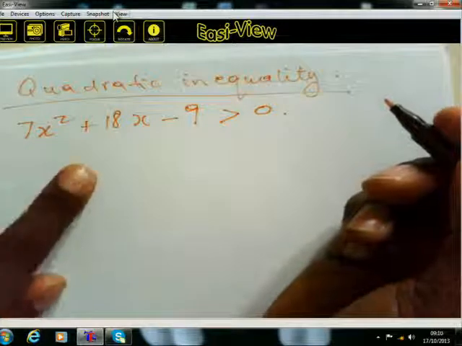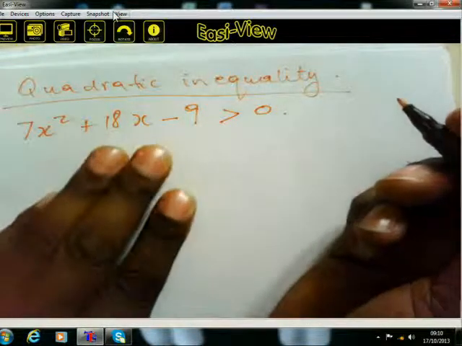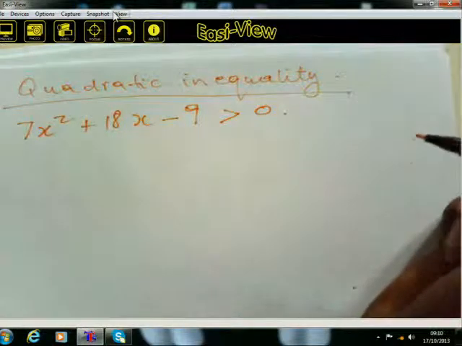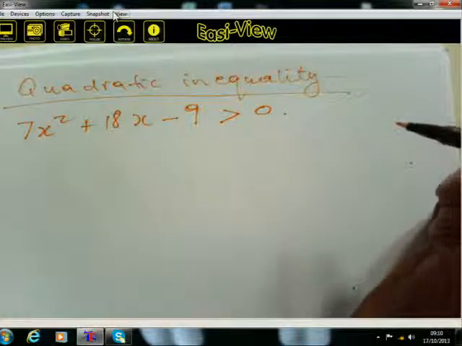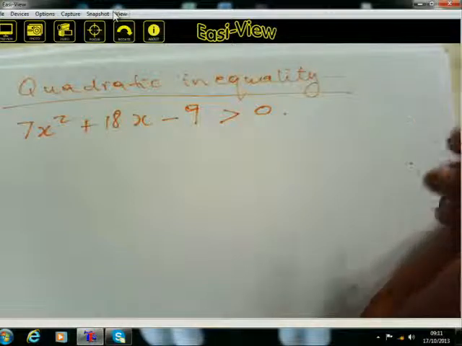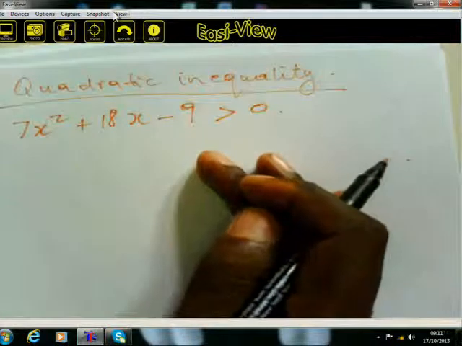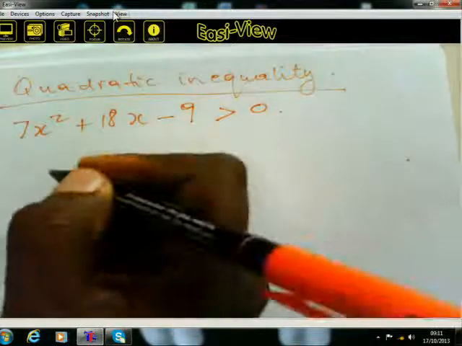Now, this quadratic inequality is the subtopic also that we are going to solve. Now, let me see how this quadratic inequality is going to be solved. Now, I am going to factorize the left-hand side of the quadratic inequality.